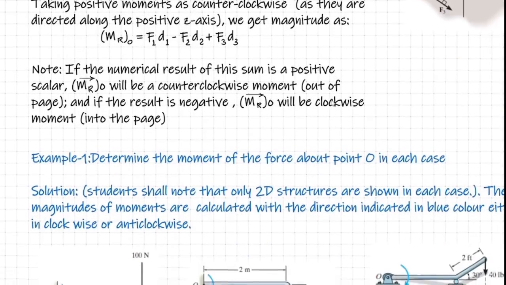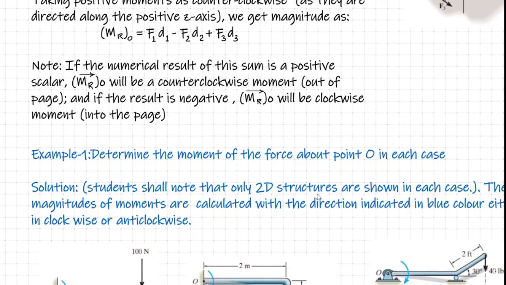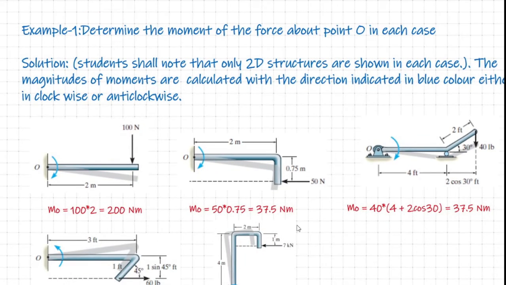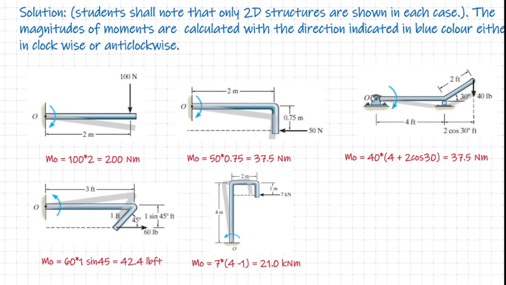So now let me take you to a very simple example number 1, wherein I have given you a set of simple structures which are essentially two-dimensional structures, and I have asked you to calculate the moment of all the forces in each case about the point O.